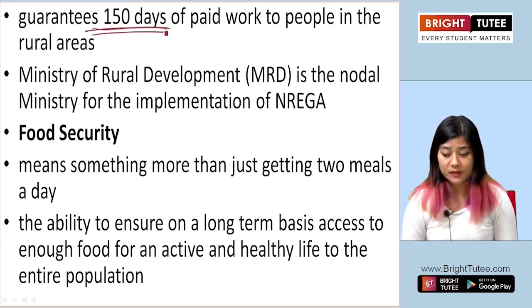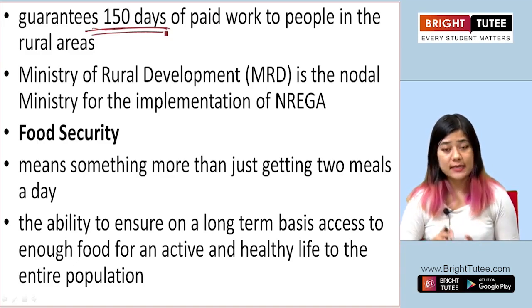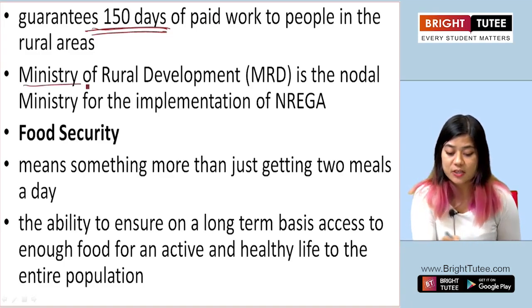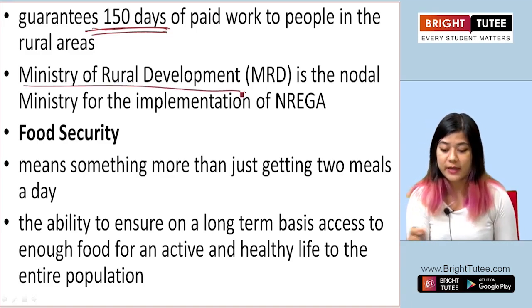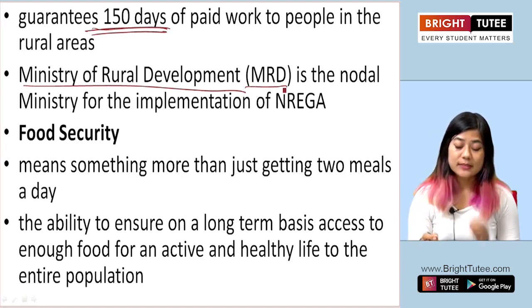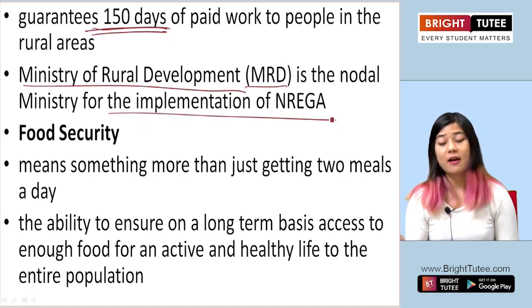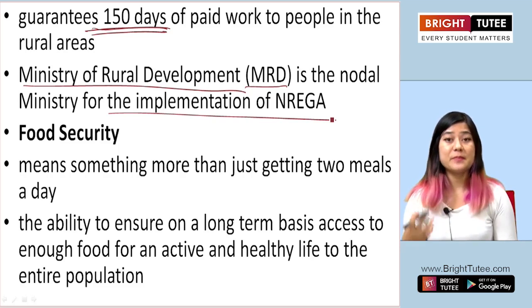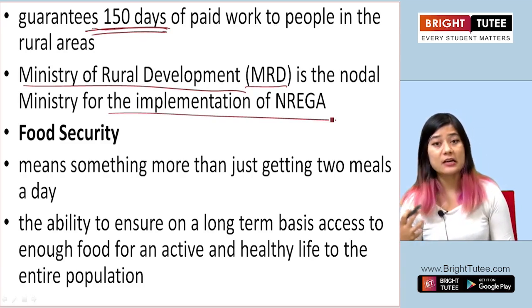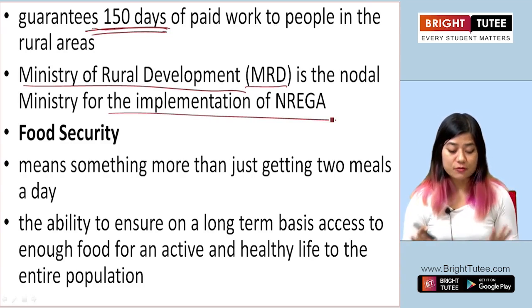Alright, now this is operated by the Ministry of Rural Development. Okay, MRD, this ministry is the one which makes sure that the NREGA, or MGNREGA, is implemented effectively in the rural areas.